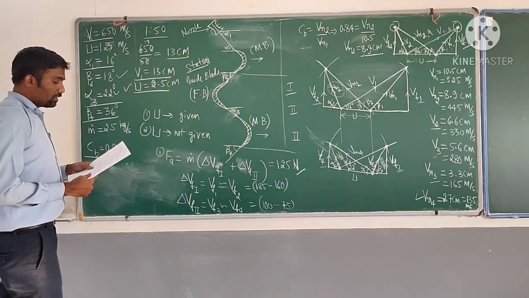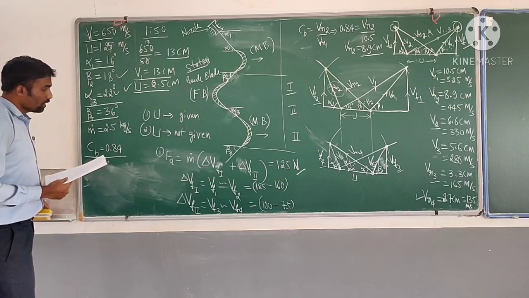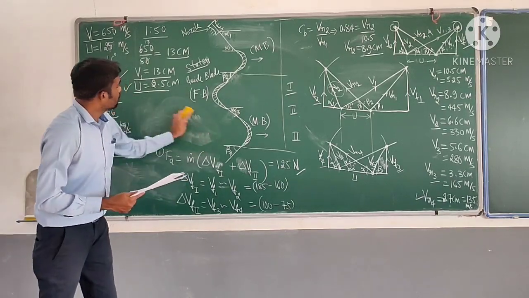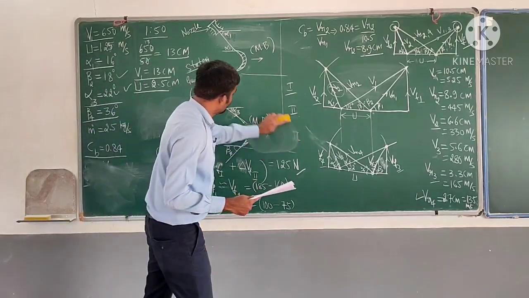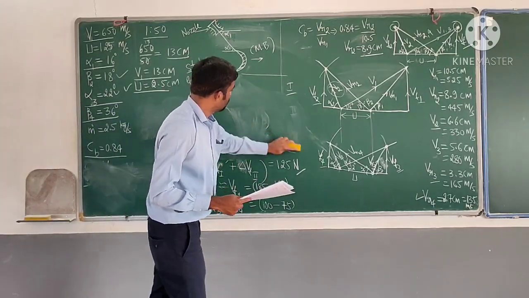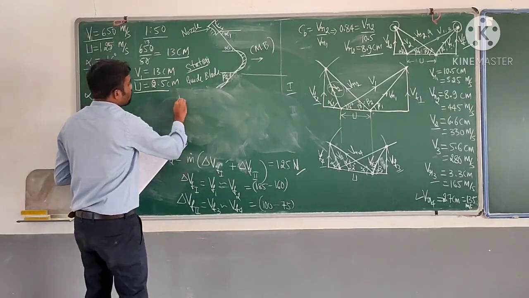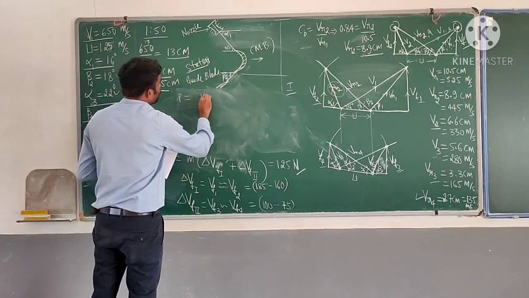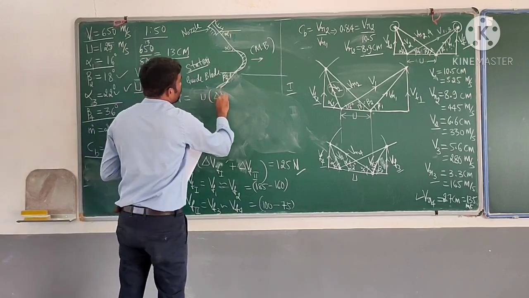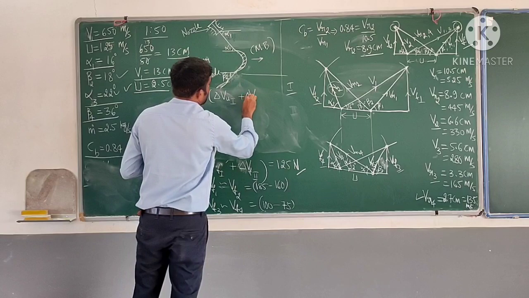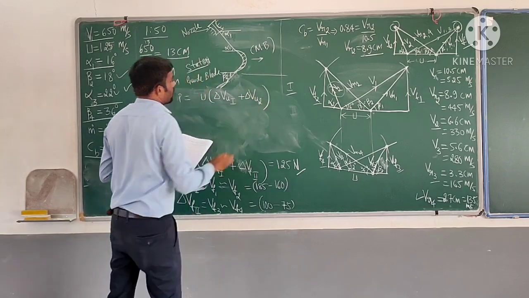So then the second parameter, power development. So power development, as we know, it is m dot times U delta VU for the first stage, then delta VU for the second stage.